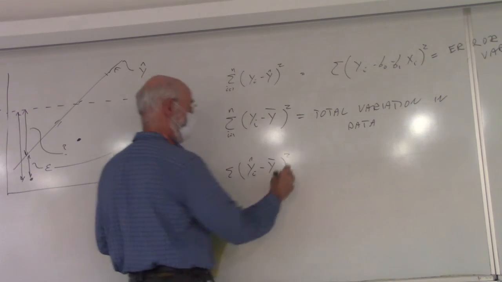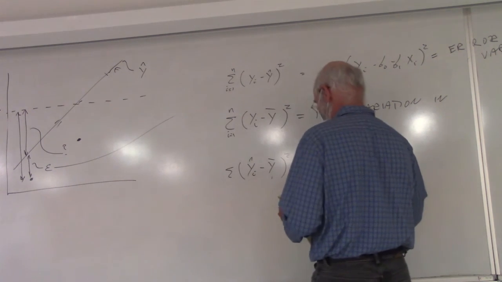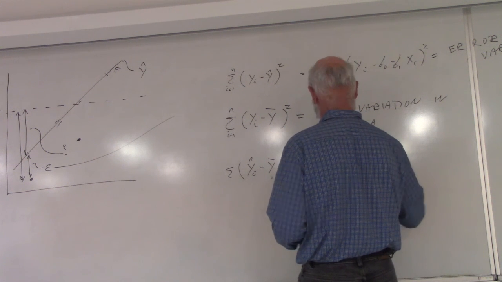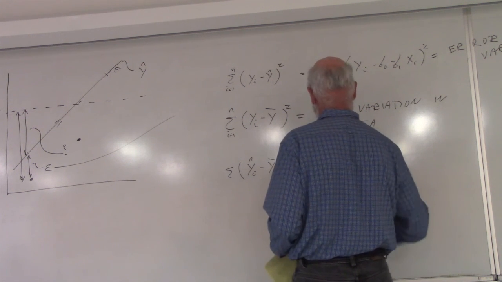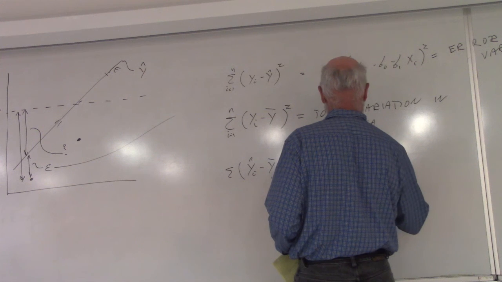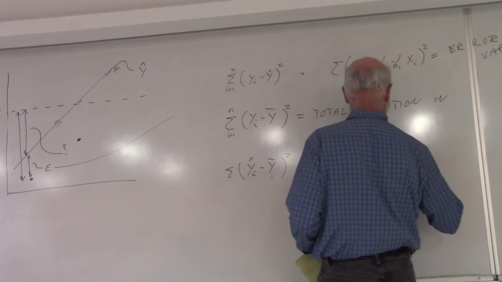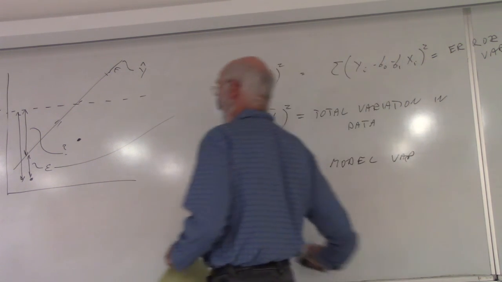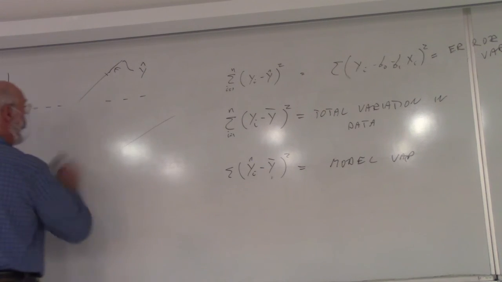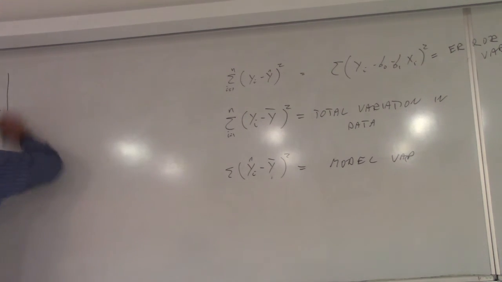Squared. So that's going to be my model variation. Graphically then, I'm looking at this.